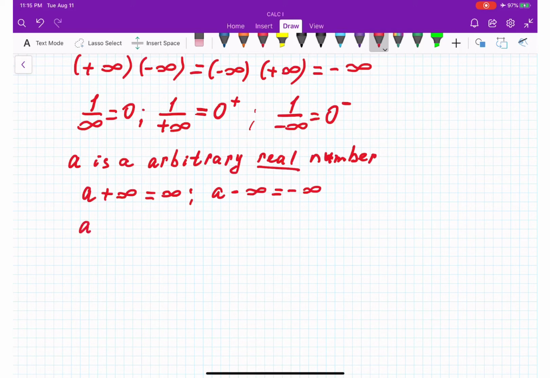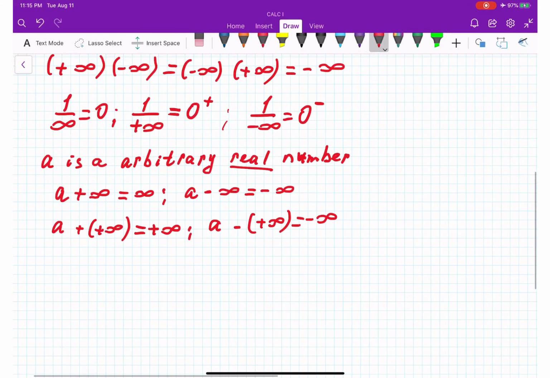Next, A plus positive infinity, it's going to be positive infinity. But if we take A minus positive infinity, it will become negative infinity, right? So the answer is going to be negative infinity. Next.